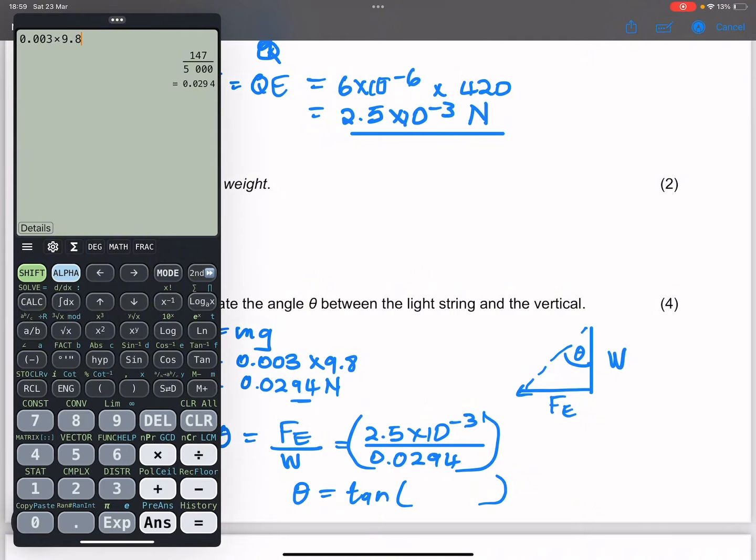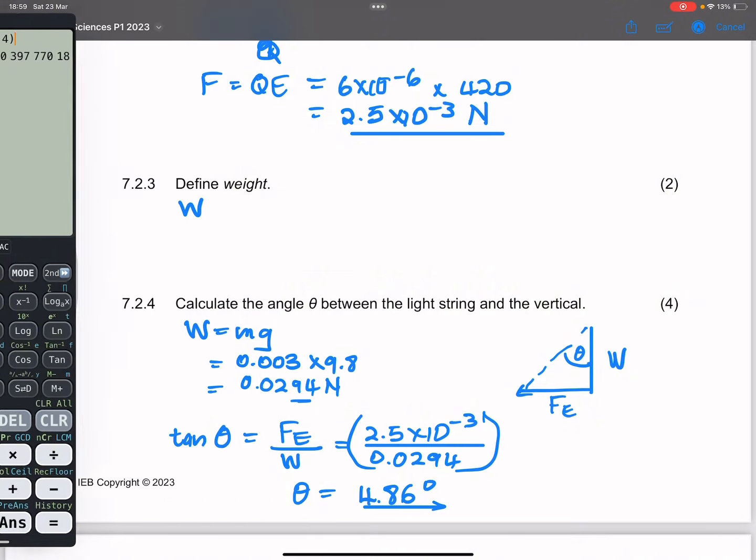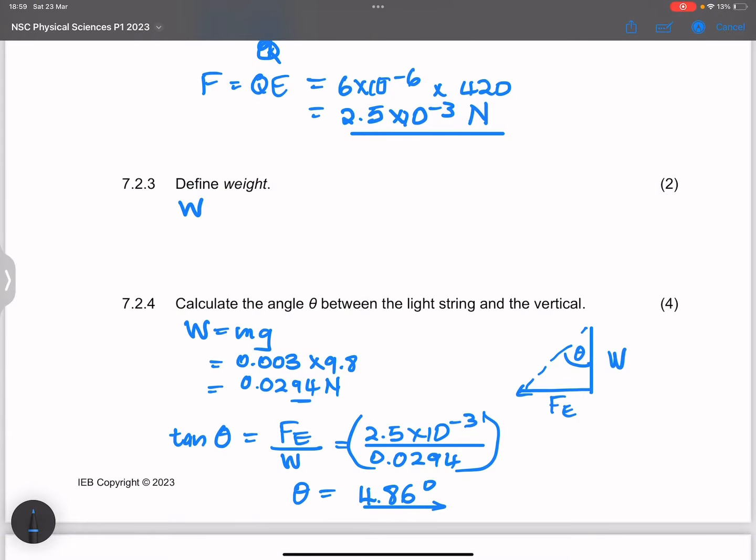So I'm going to say shift tan of 2.5 exponent negative 3 divided by 0.0294, and I get an angle of 4.86 degrees. I hope that makes sense, ladies and gents.